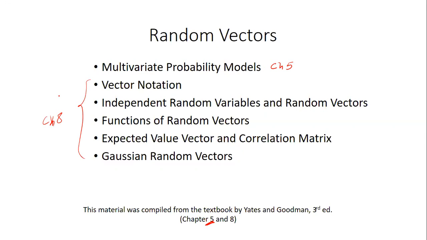Mainly we'll be studying vectors, random vectors, independency, and how to define expected value, correlation, covariance, and Gaussian vectors.